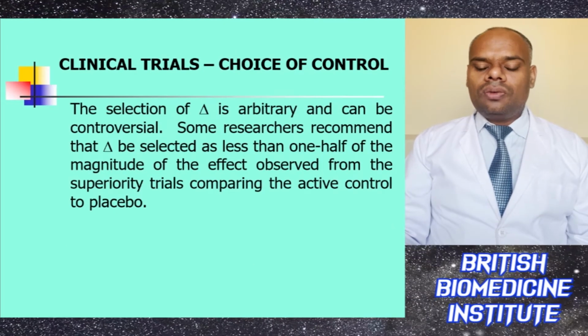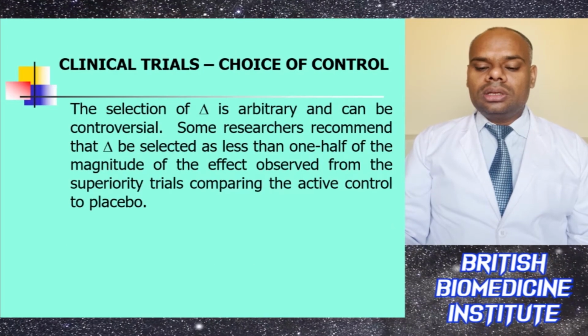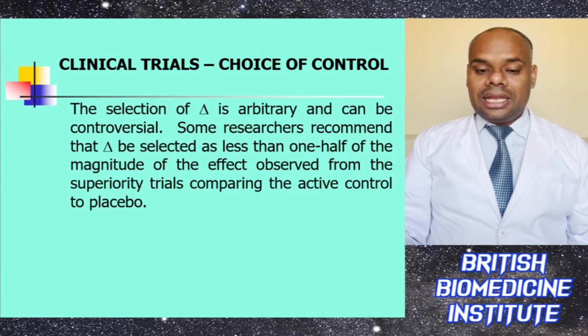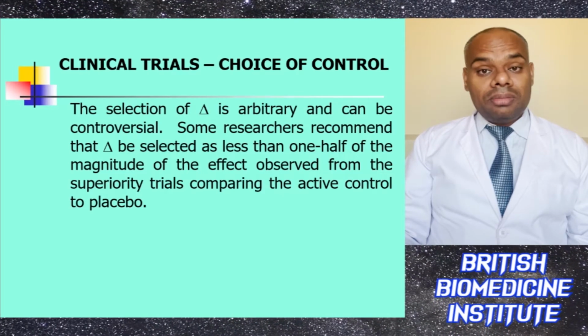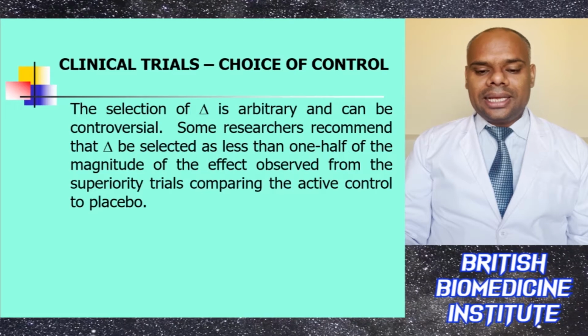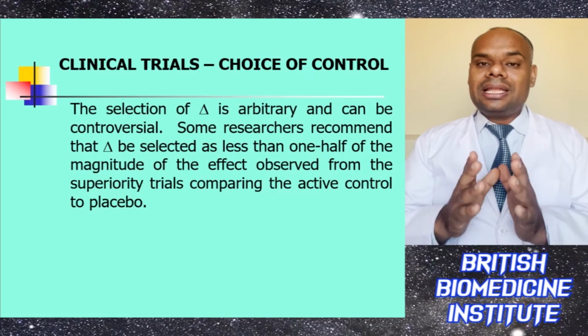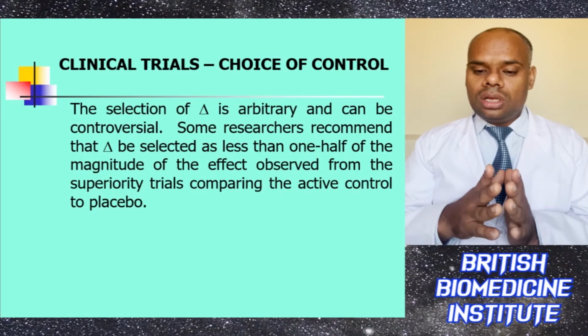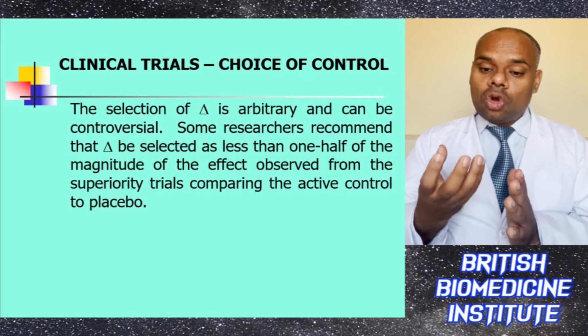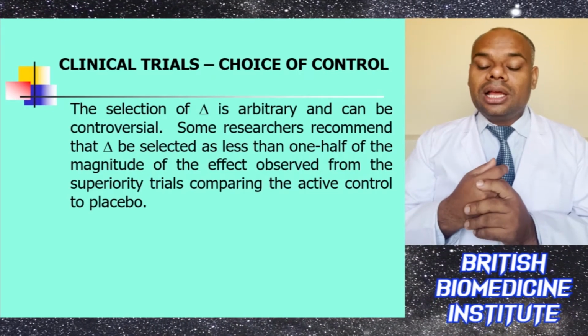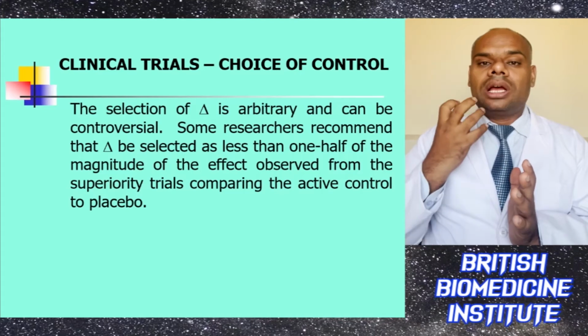The selection of delta is arbitrary and can be controversial. Some researchers recommend that delta is selected as less than 1/2 of the magnitude of the effect observed from the superiority trials comparing the active control to the placebo.